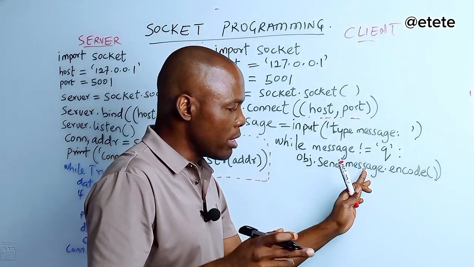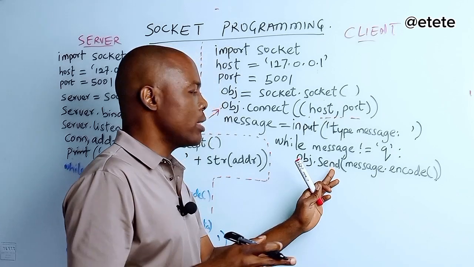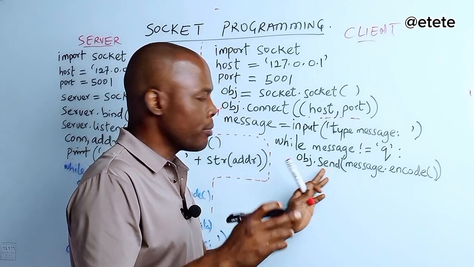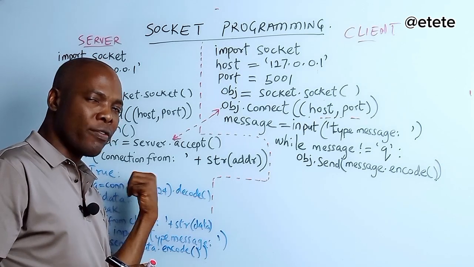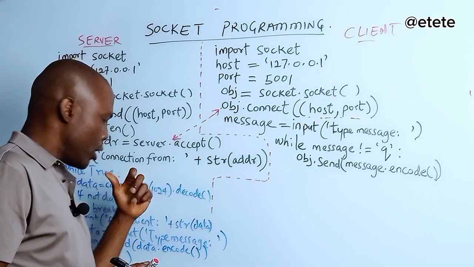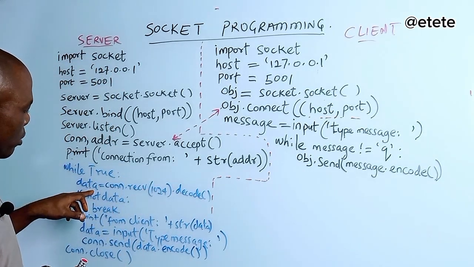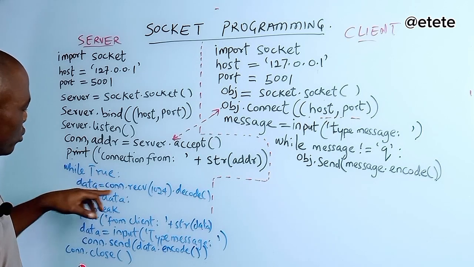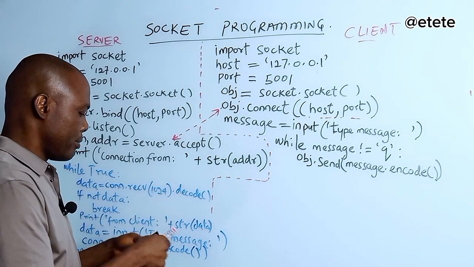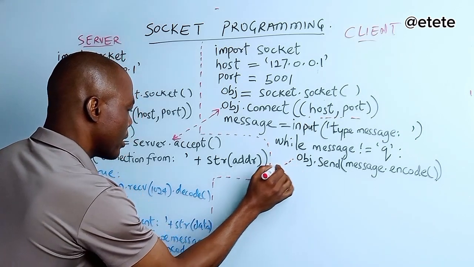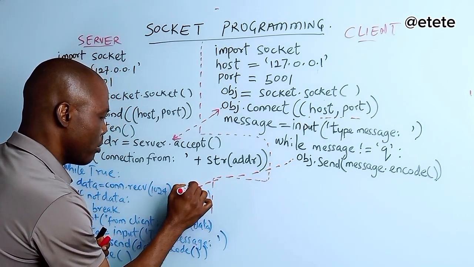So the message should be converted to bytes, then given to the send method to send. Once that is sent, it will appear at the side of the server, which is what? While true, connect receive. So this line, this line, this line will now be what?